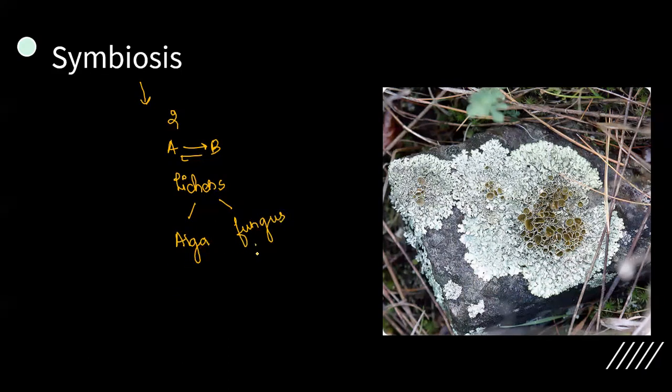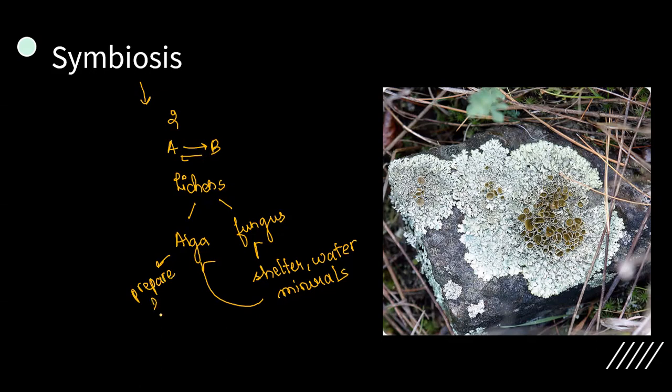Now, the fungus is going to provide the shelter, water, and minerals to the algae, while the algae is going to prepare the food. And this is utilized by the fungus. So in this case, both of them are getting benefited. So this is all about the different modes of nutrition.